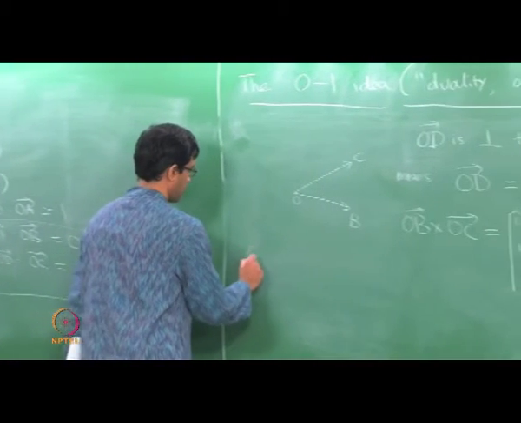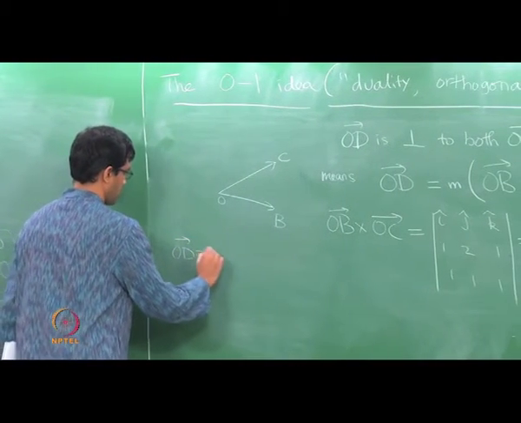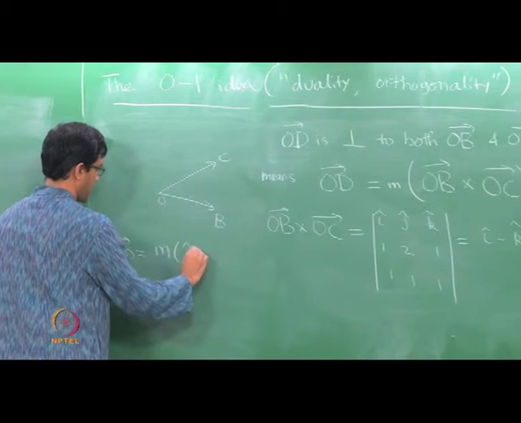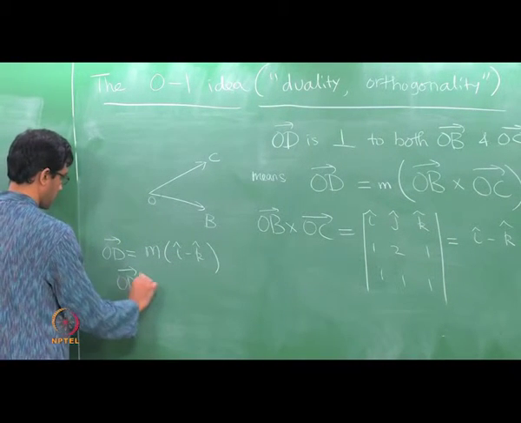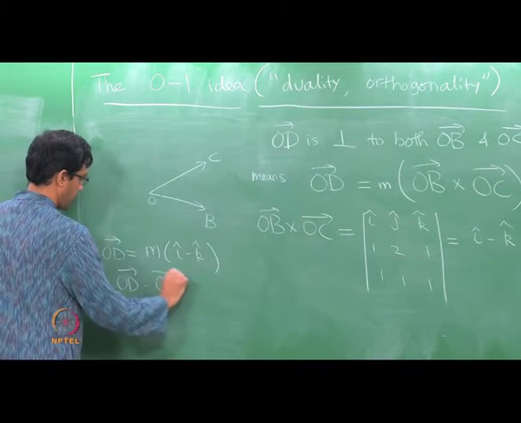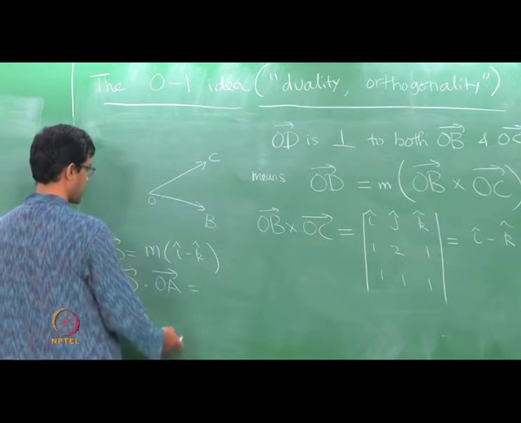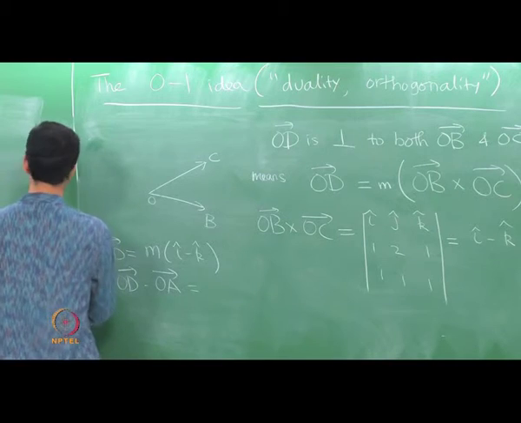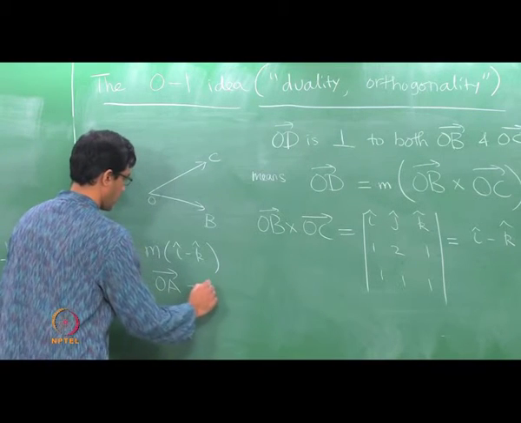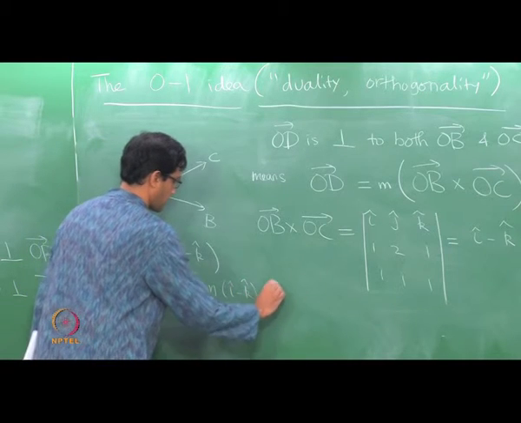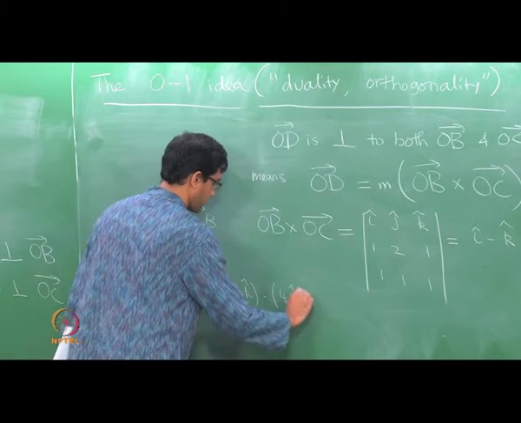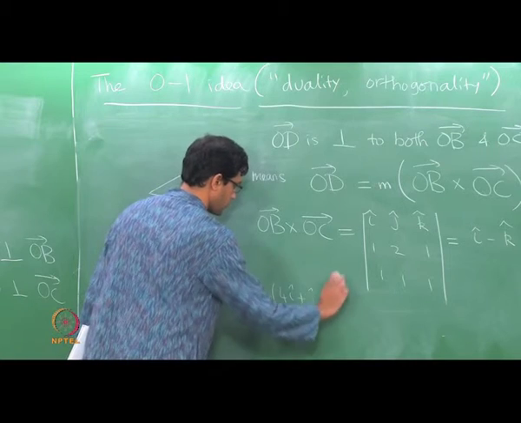So, observe OD is m times i minus k. I will compute its dot product with OA, and well, what is the answer? OA is 4 1 2, right. So, I have m times i minus k dot product with 4 1 2.